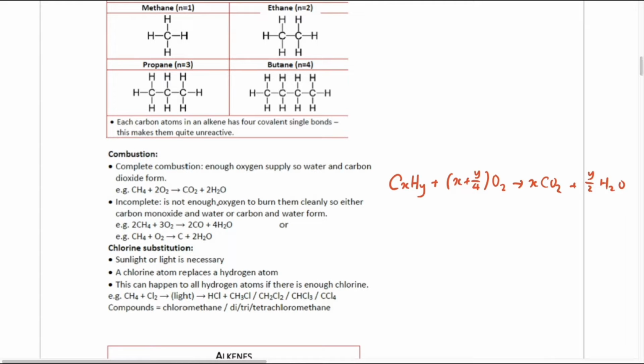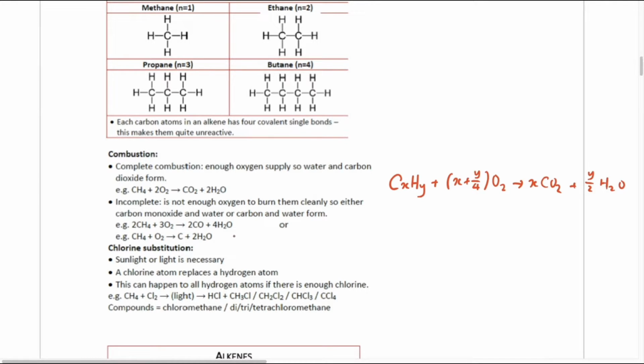Okay, so incomplete combustion is where there is not enough oxygen to burn. Because of that, it doesn't form carbon dioxide only. It also forms carbon monoxide or carbon. Because of lack of oxygen, they form these two. So either carbon monoxide and water, or carbon and water form.